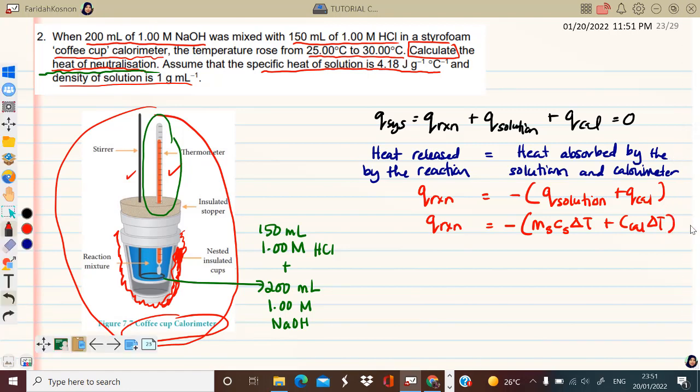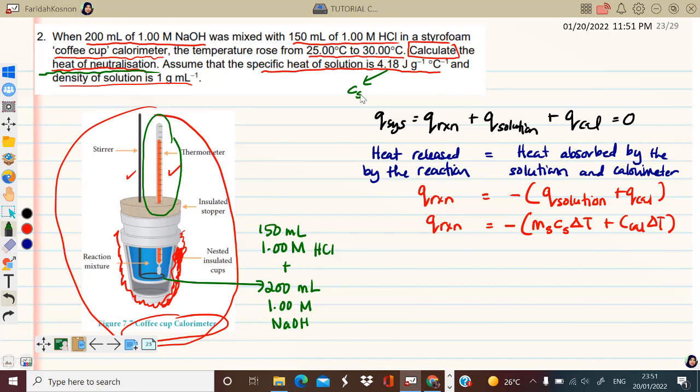Kan? Tapi sekarang ni kalau you baca dalam soalan ini, we have the specific heat capacity of the solution, yang mana sama nilainya kita anggap specific heat capacity of water tu adalah specific heat capacity of solution juga.